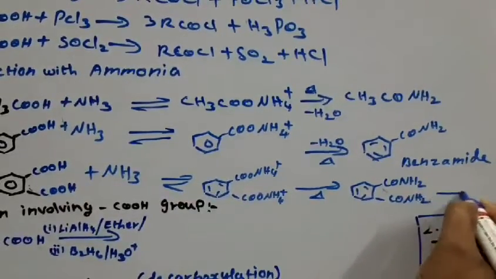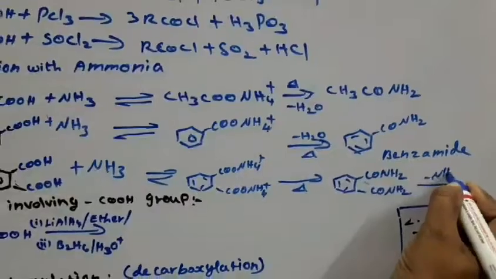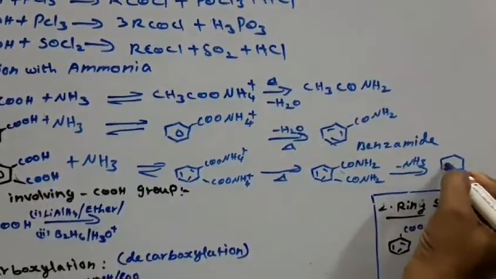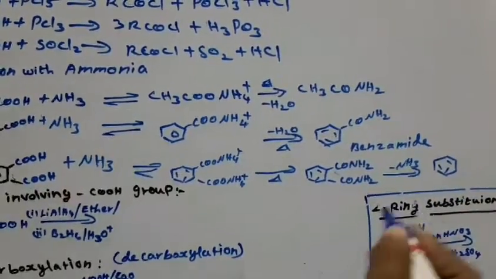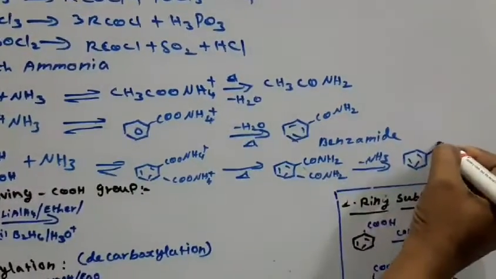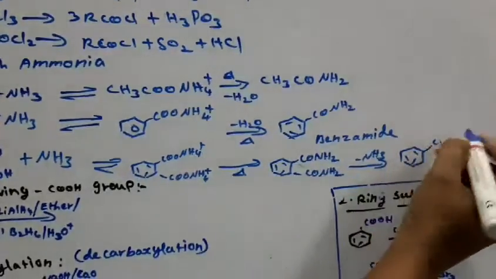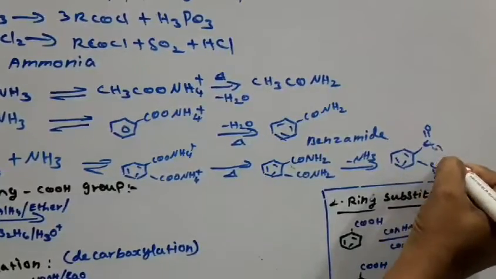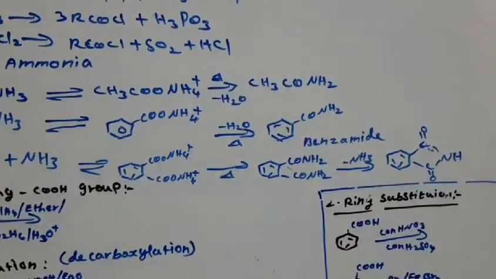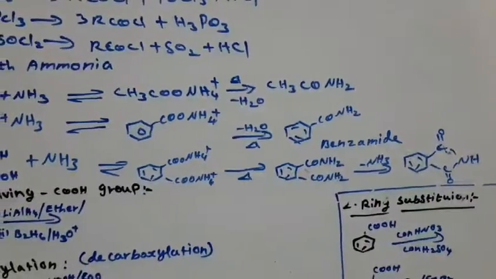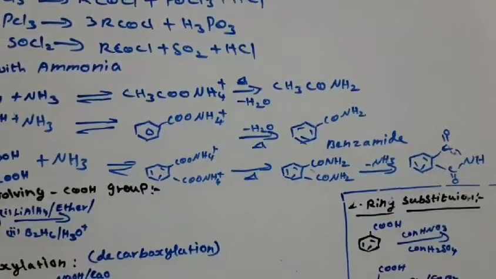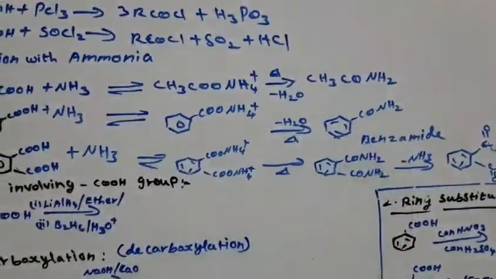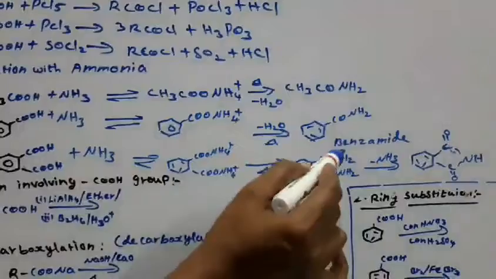During strong heating, the ammonia molecule gets out to form phthalimide, that is CO and NH. So this is for reaction with ammonia. For reaction with ammonia, acid produces amide. Keep it in your mind, acid produces amide.